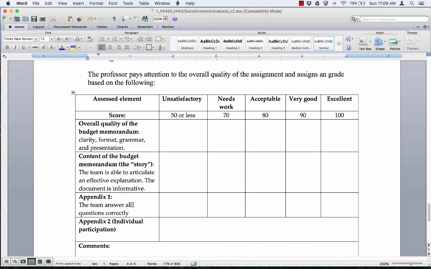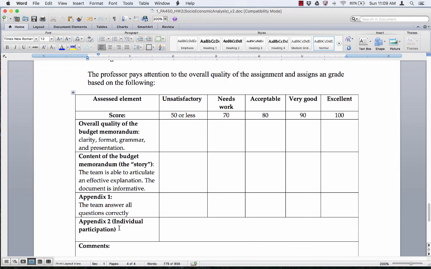And then finally, I will go to the second appendix. This is where I'm going to read your own statement about how you participated. I want you to be as specific as possible. When you write that paragraph, you can tell me, for example, I answered questions 1 and 3, or I reviewed the final version of the memorandum, or I answered questions and I met with my teammates to write the budget memorandum.